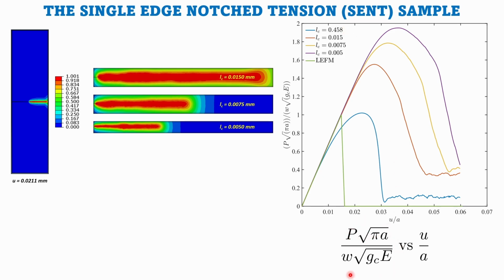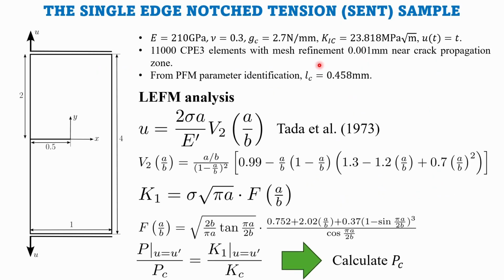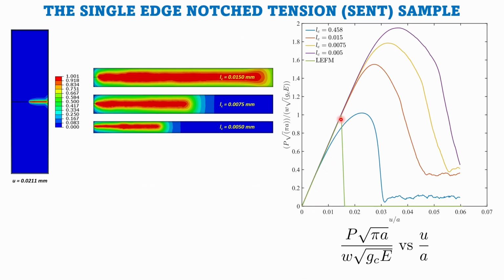So we plot this normalized value of stress intensity factor on the y-axis versus the normalized value of displacement on the x-axis. Okay. So from LEFM, which is this expression, we calculated PC, correct? If we calculate PC, we will be able to calculate sigma C. So we will know exactly where to cut the LEFM curve.